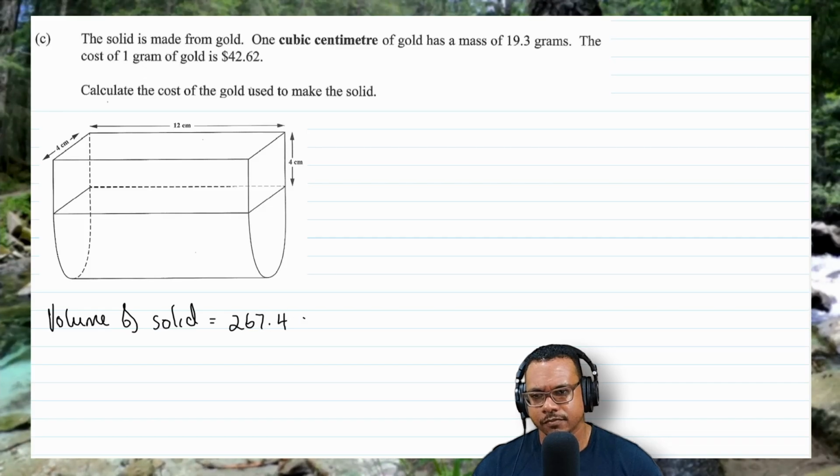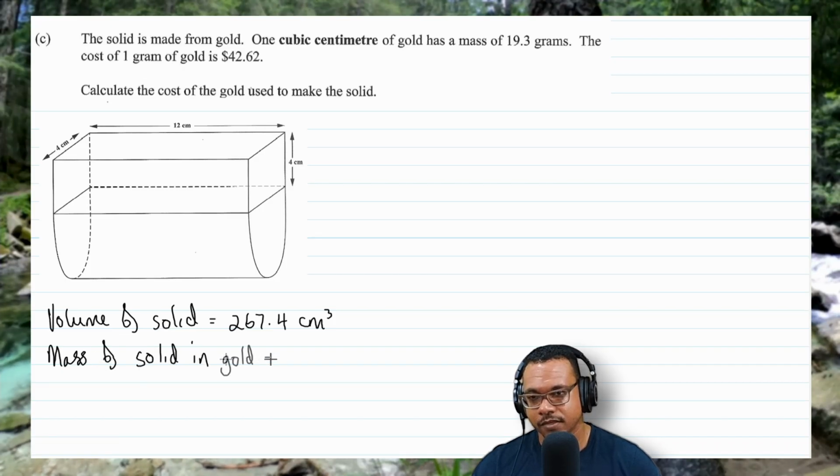267.4 centimeters cubed. So if 1 cubic centimeter of gold has a mass of 19.3, then this 267.4 centimeters cubed of gold will have a mass of, well, you have to multiply this by 19.3. So I'm going to put the mass of the solid in gold is equal to 267.4 multiplied by 19.3.